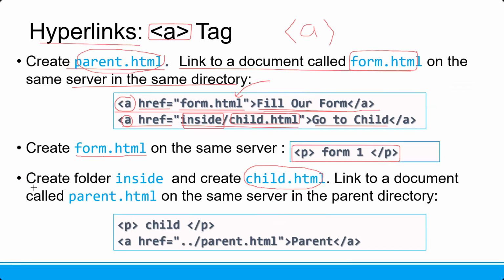And then I would like to create a folder inside and create child.html. In the child.html, I want to link to a document that is the parent.html, and I assume that the file is on the same server. The same server means in the same computer. So in the child.html, the content will be this one.